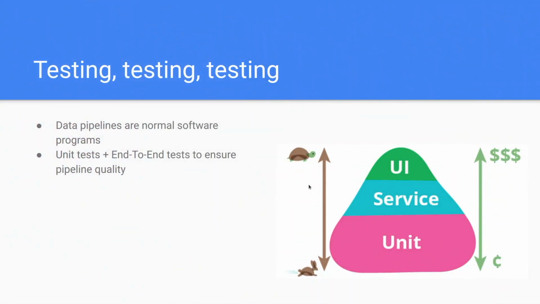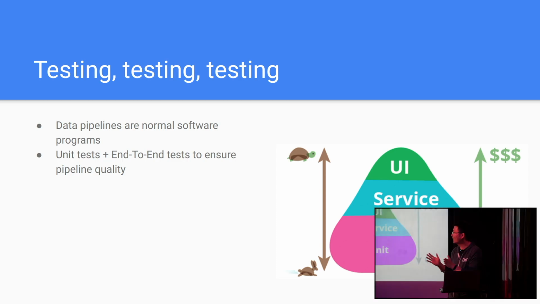So the other day, I was having a chat with one of our clients, and he asked my suggestion about, I want to hire data engineers. Do I hire a software engineer or do I hire people who are really, I don't know, in the SQL space? Because that's a really good question. And my view is that a data pipeline to me is nothing but a normal software program.